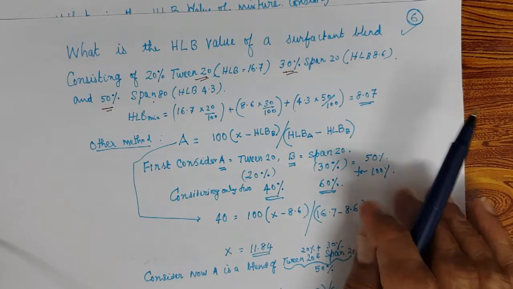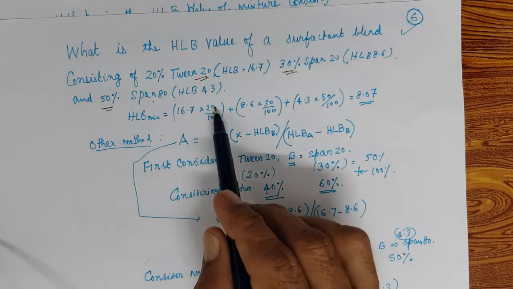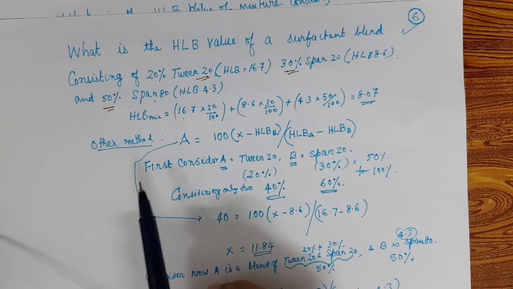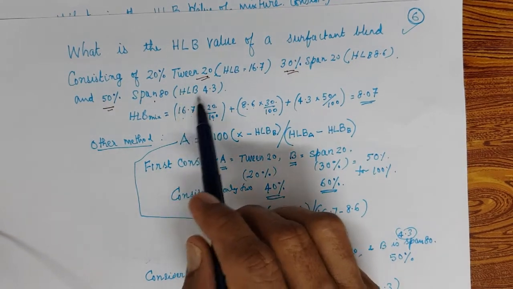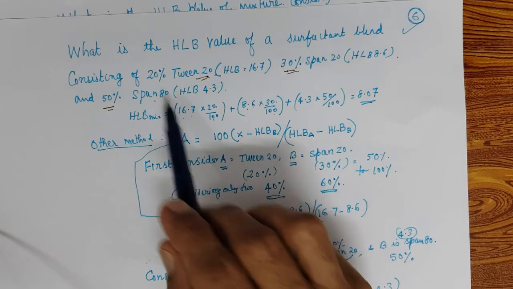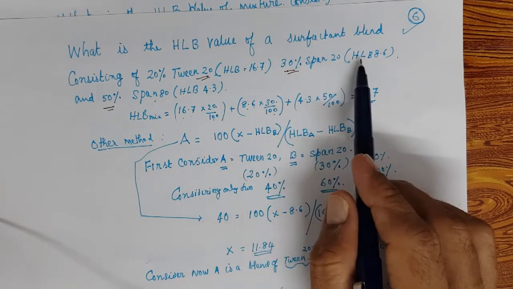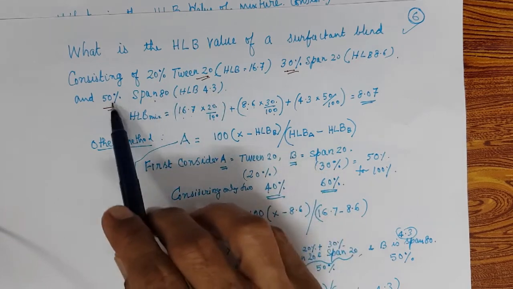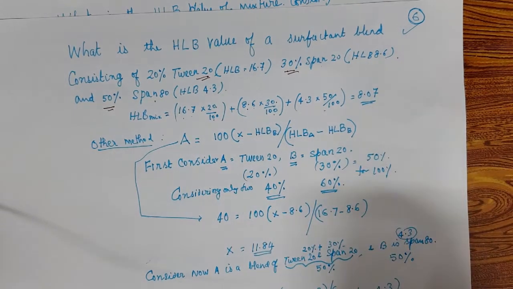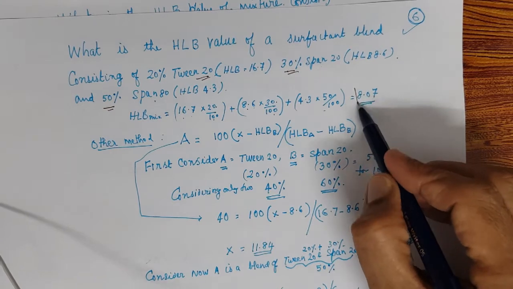Simple calculation is 16.7 into 20 by 100, 8.6 into 30 by 100, and 4.3 into 50 by 100, which is 8.07. This is the additive value.